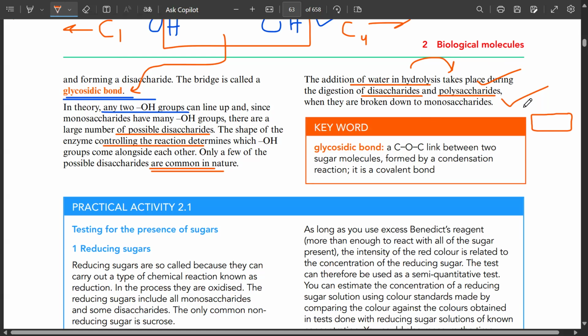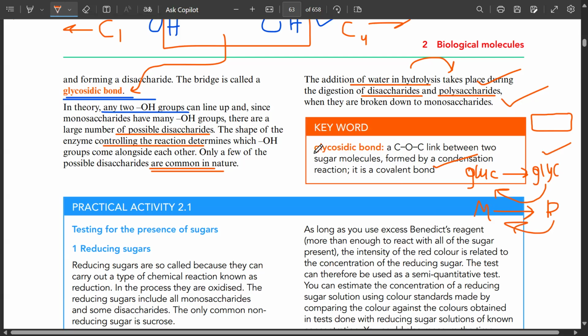Exactly. Now, glucagon, that is a topic in your second year of A levels, A2. In A2, I was teaching a student yesterday that the people who have sugar, diabetes, what happens in their body? Glucose has to be readily converted into glycogen to lower down the sugar levels. But when your sugar level is low, glycogen is converted to glucose in your body. So this reversible change keeps happening. Mono to poly, poly to mono. Got it?